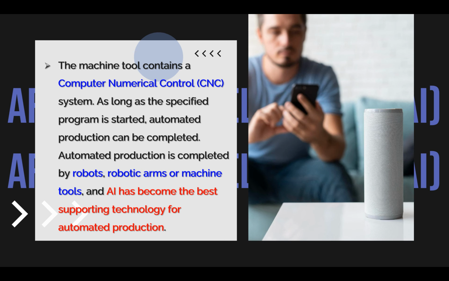The machine tool contains a computer numerical control, abbreviated as a CNC system. As long as the specific program is started, automatic production can be completed. Automated production is completed by robots, robotic arms, or machine tools, and AI has become the best support technology for automated production.